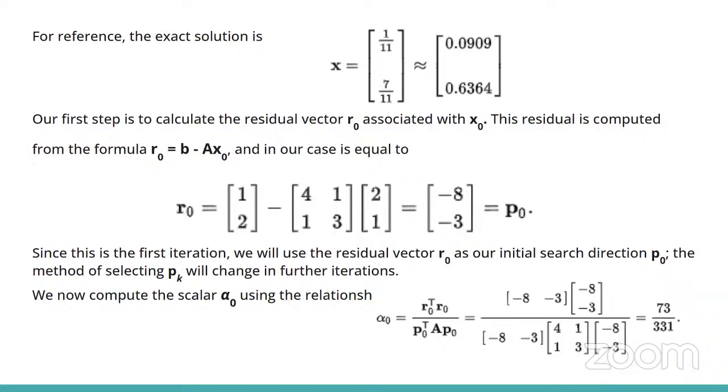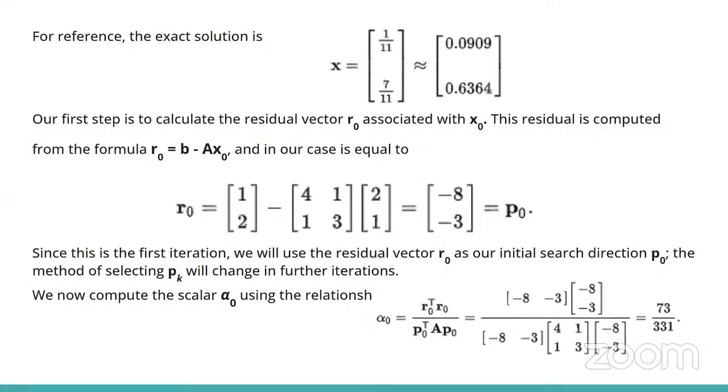If you go back, you see 1, 2, then minus our A. Our A is 4, 1, 1, 3. Then our X naught is what we've got, using any of the methods, Gaussian elimination, you get the X naught.